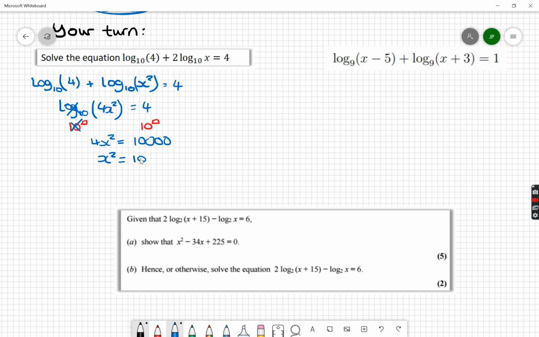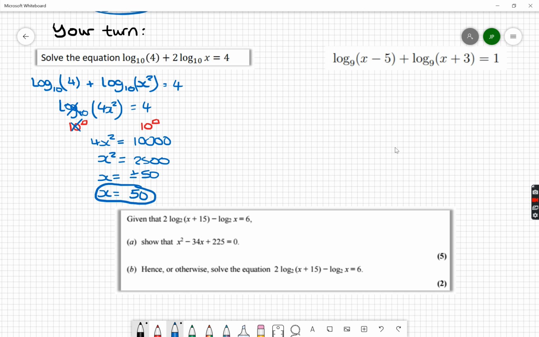X squared will equal 2,500. So x will equal plus or minus 50, but obviously we can't have a negative, so x will only equal 50. So that first one was very similar to the one that I went through as an example.